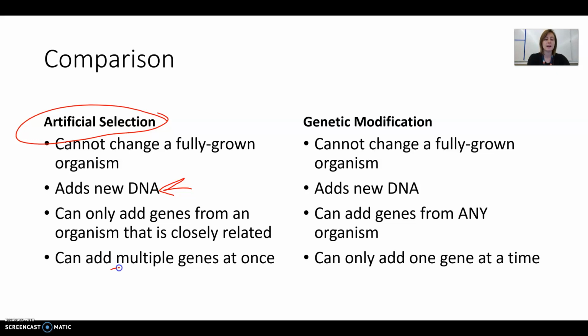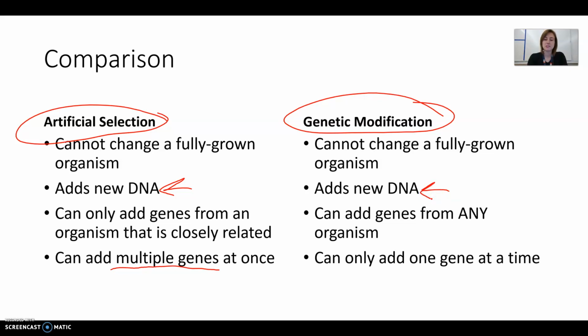And you can add multiple genes at once because you're adding a lot of genes from the grapefruit to the tangerine all at once. Now, with genetic modification, you also cannot change a fully grown organism. Like I said, you have to do it before you plant the plant or before the animal is born, right? It also adds new DNA, but here's the difference.